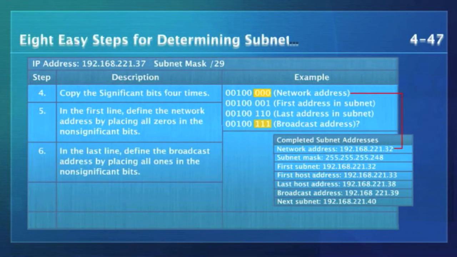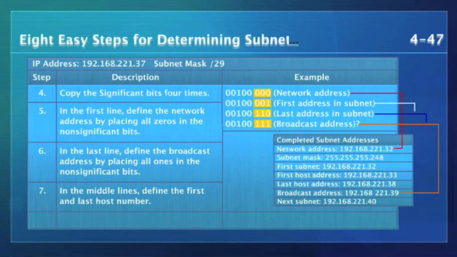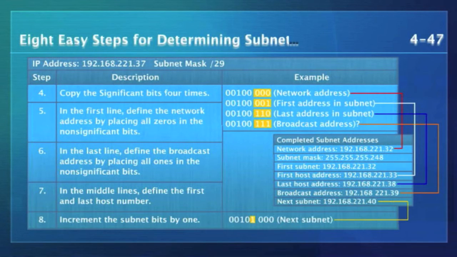The next line is the broadcast, or the last line of our calculations. Then we have the first address and the last address. And then we can even figure out what the next subnet is just by adding 1 to that number.